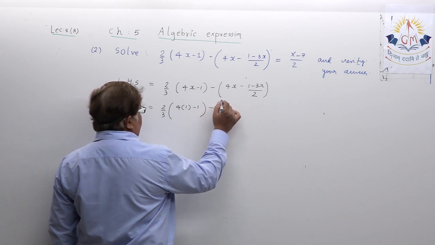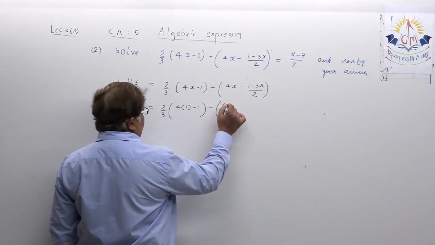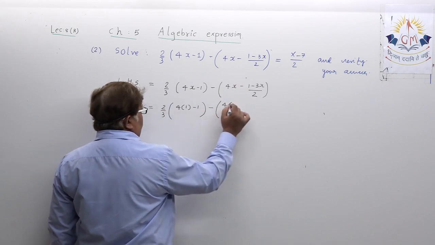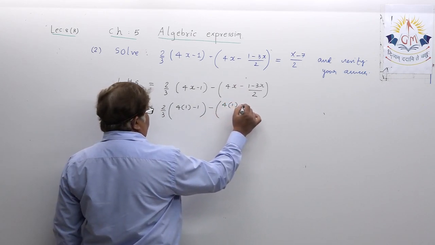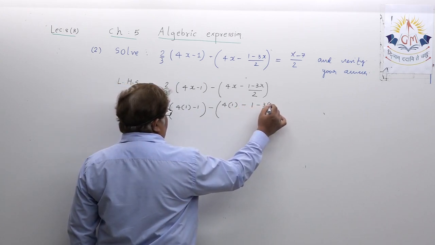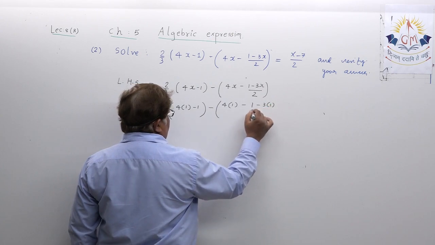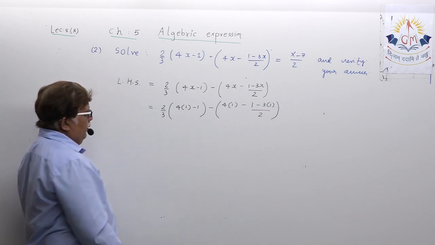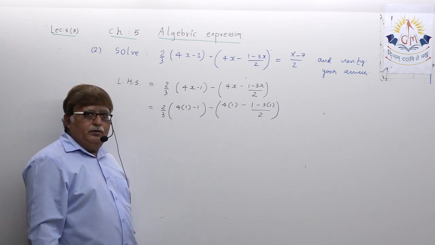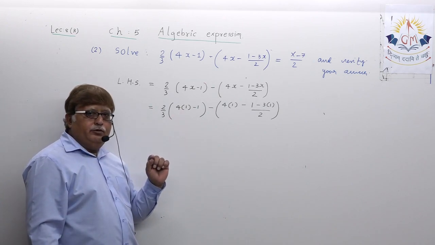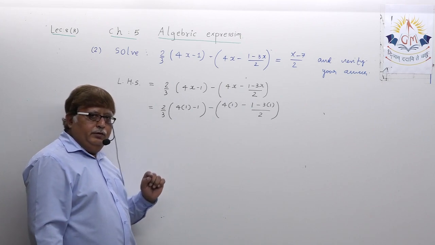Please verify this. 4 into x means 1 minus 1 minus 3 into bracket 1 upon 2. Wherever there was the x variable, we substituted x equal to 1 there.